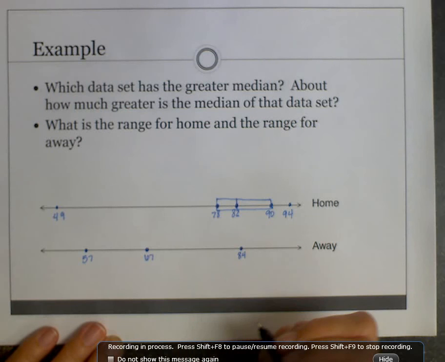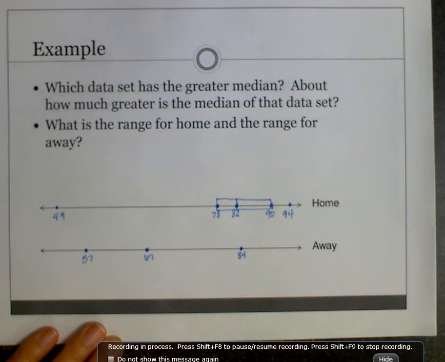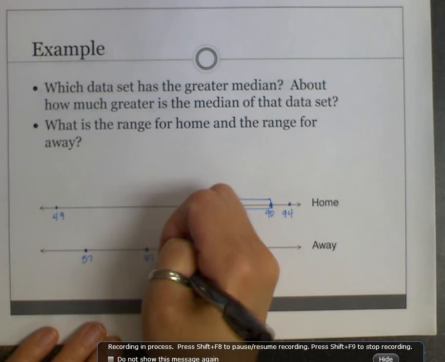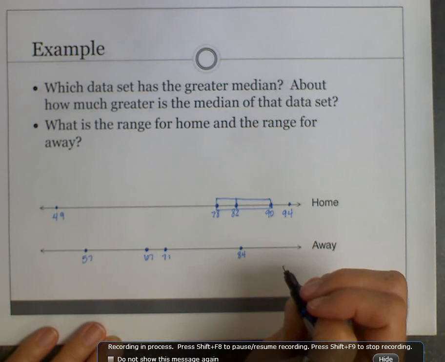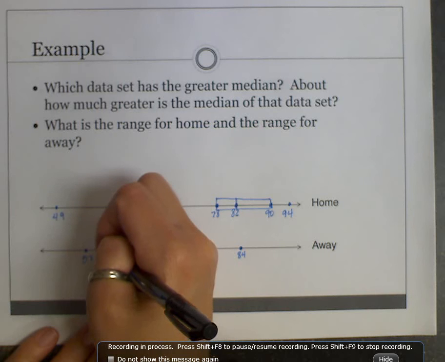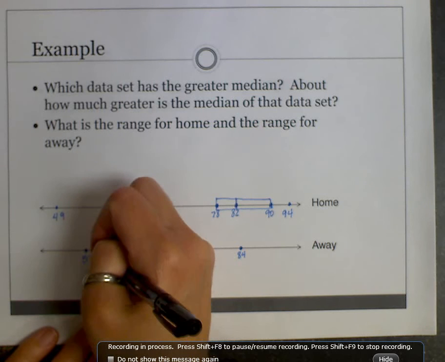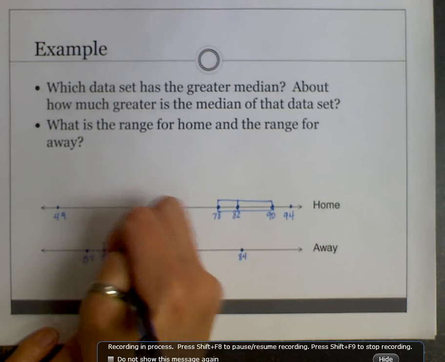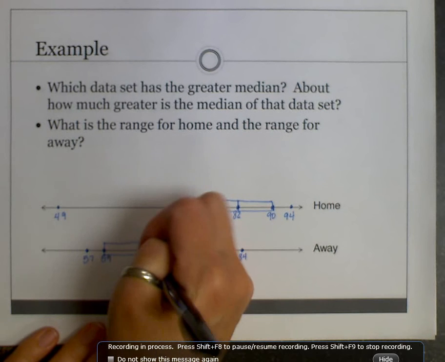And then I have my upper quartile being at 71 and my lower quartile being at 59. I make a box from quartile to quartile and I put a line right through my median.